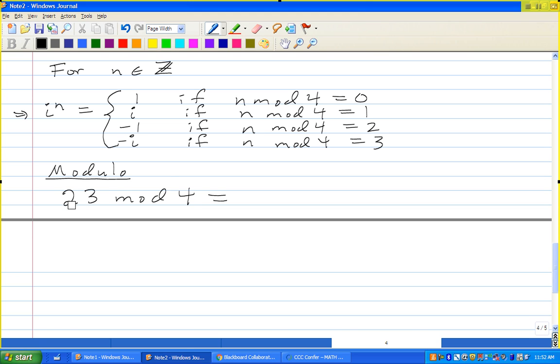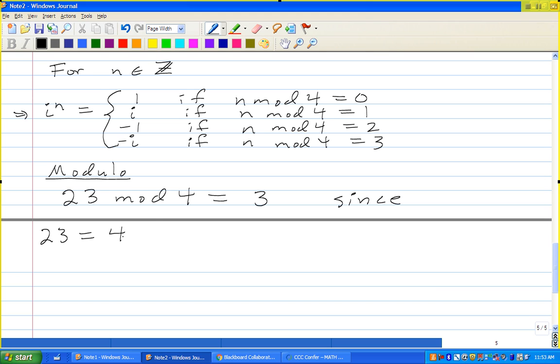And so the remainder of the quantity 23 divided by 4 is the number 3. And this is since, well, 23 is 4 times 5 plus 3.